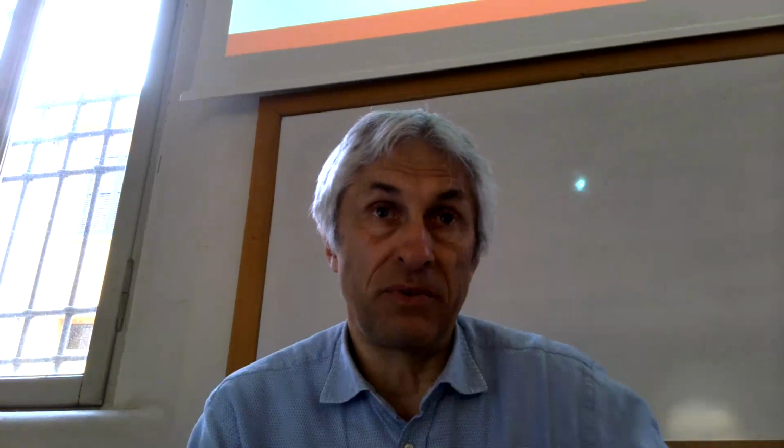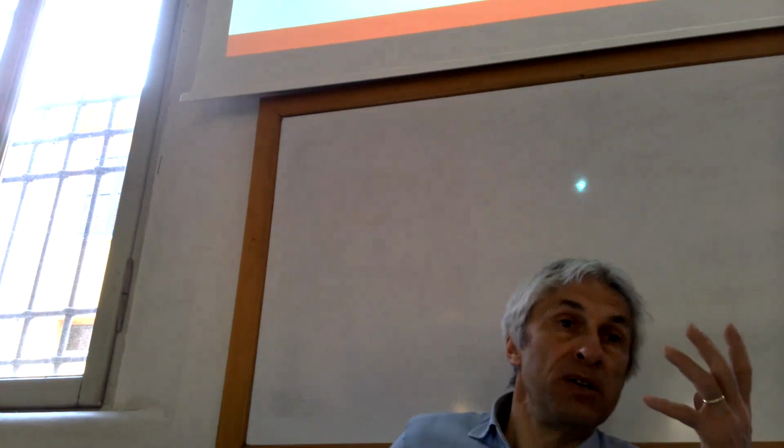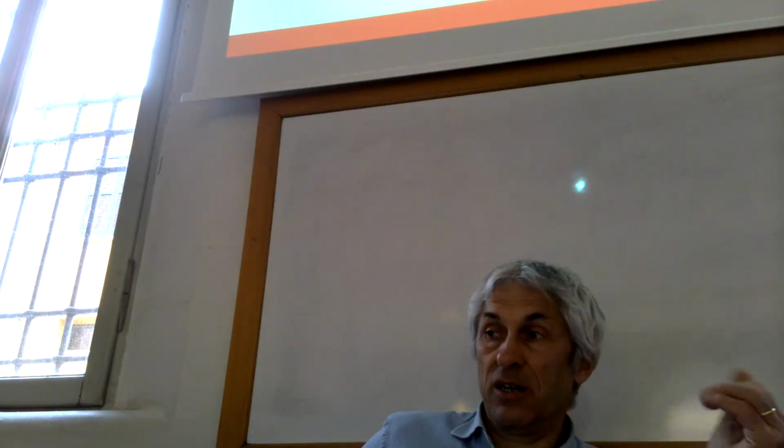Groins can also be classified as either high or low, depending on how high their crest is. The crest is the top of the groin where you can usually walk. How high is the crest relative to the prevailing beach level, the beach berm? Conventionally, we take the level of the berm.